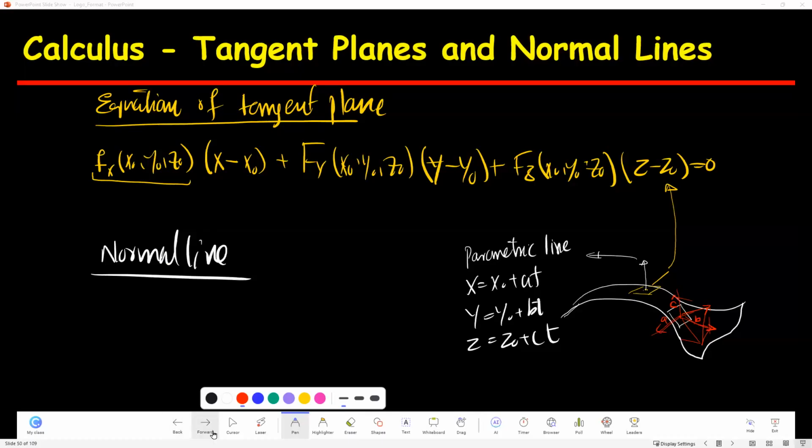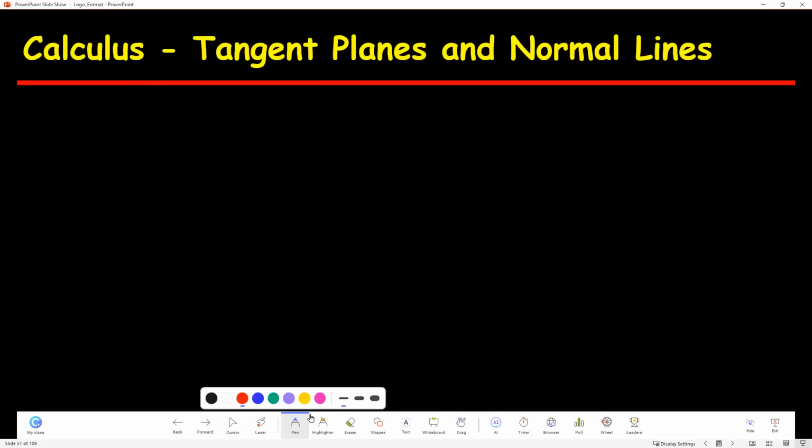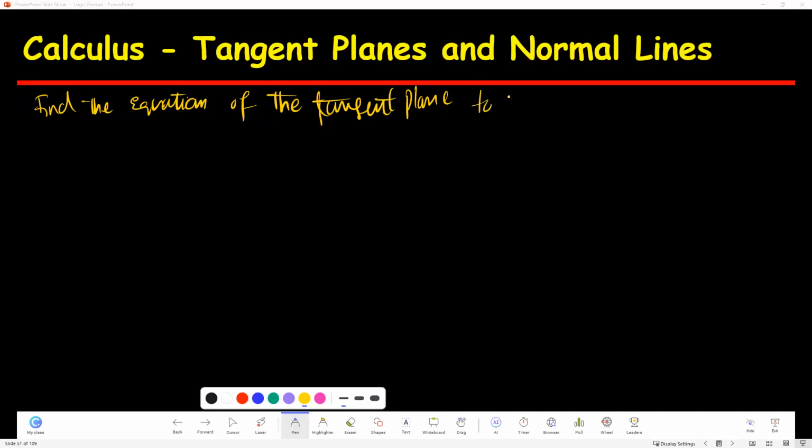Let's take a look at another problem. Find the equation of the tangent plane to the hyperboloid.